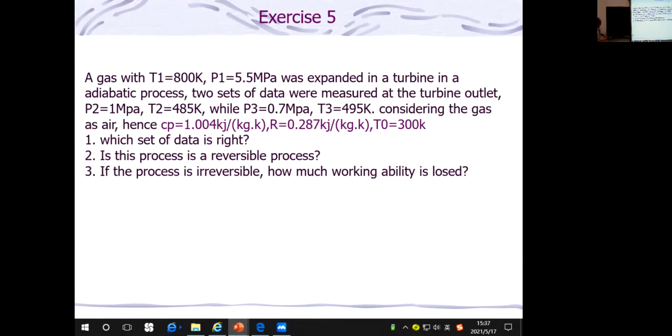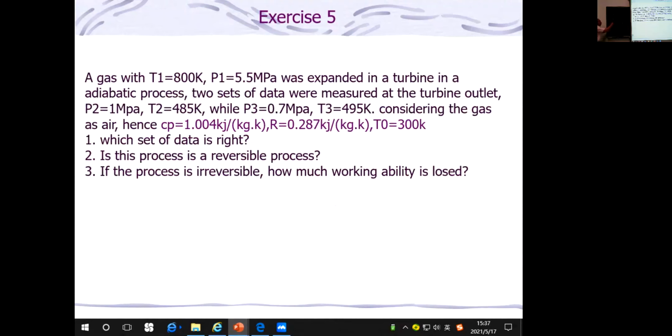Like this one. So give me the answer. Do you think this set of data is right or wrong? Why? Maybe you will ask me why.